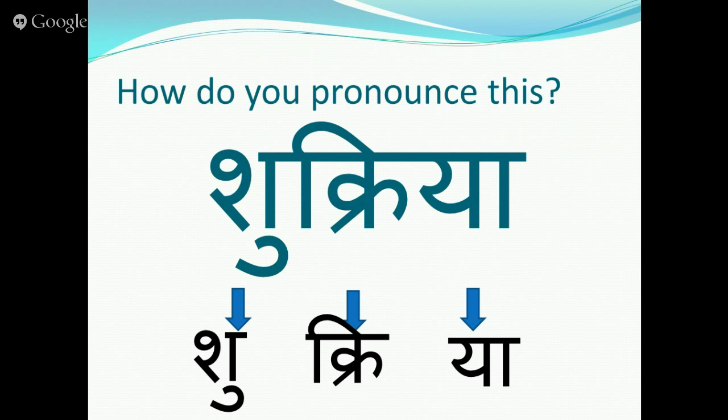That means that we got rid of the between ka and ra. So notice, if we didn't have it in the root form, we would pronounce it as shukariya, but because ra is a little carrot growing out of ka, we pronounce it shukriya. The e, of course, has to follow the second letter in the conjunct.